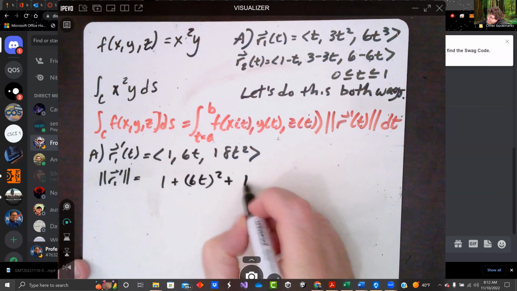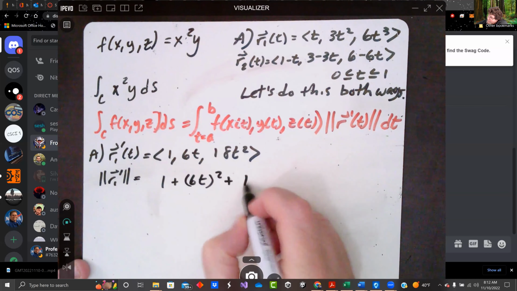So how do we go about doing this problem? We rewrite our integral in terms of T, following this pattern. So T is going to go from 0 to 1, like we listed there. And I want to replace X with T and Y with 3T squared.